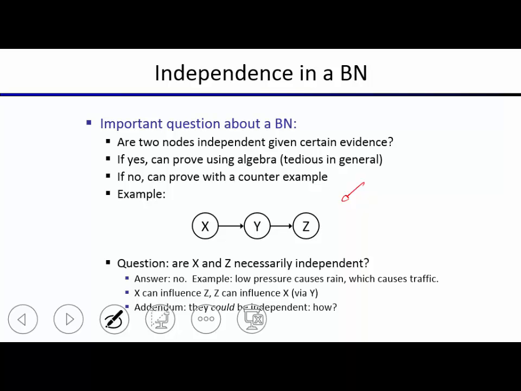Yes, it is possible to pick tables where X and Z are independent, even for this kind of structure. If you made Y 50-50, positive or negative, independent of whatever X is, and you make Z 50-50, positive or negative, independent of what Y is, then effectively you have a distribution where all variables are independent.